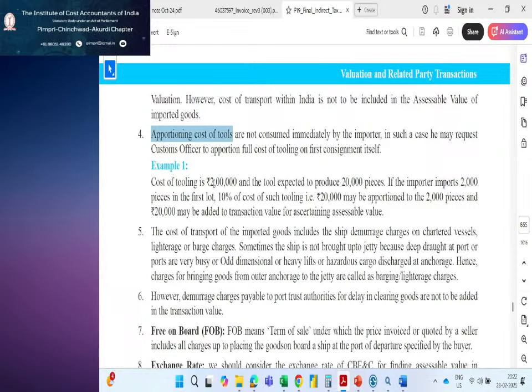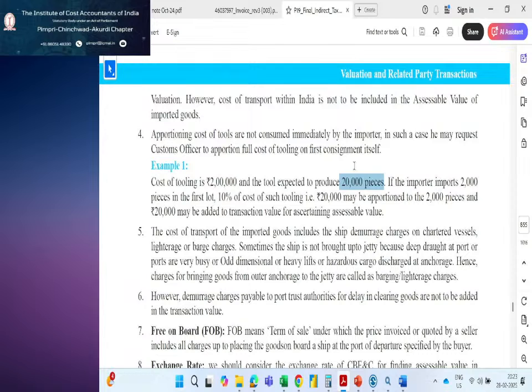The cost of tooling is 2 lakhs, the tool is expected to produce 20,000 pieces, and the importer imports 2,000 pieces in the first lot. 10% of the cost of such tooling, that is 20,000, may be apportioned to the 2,000 pieces and included in the transaction value. So what does tool generally mean?